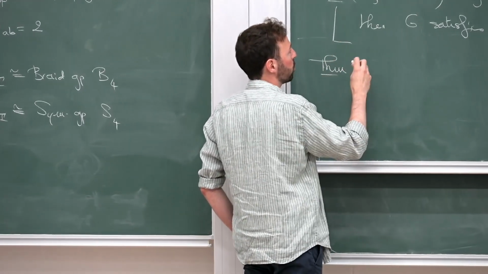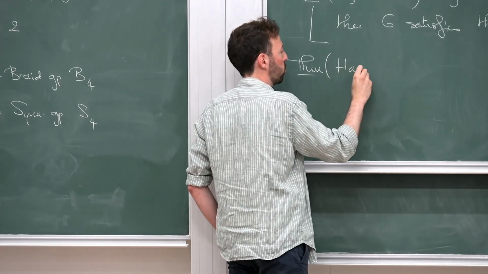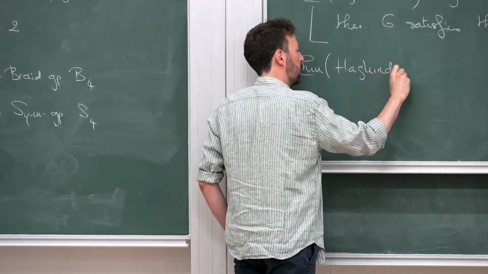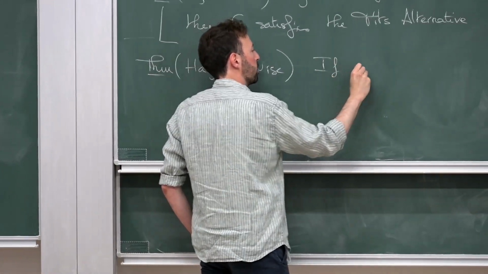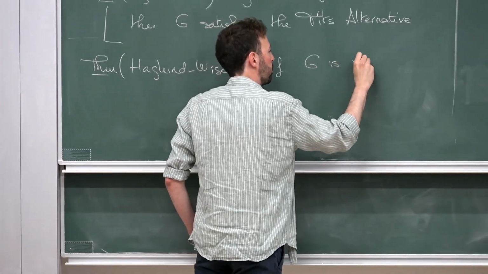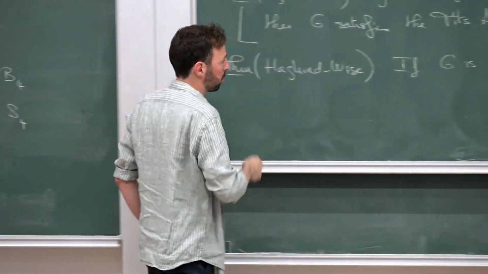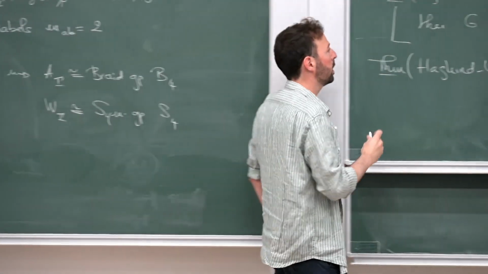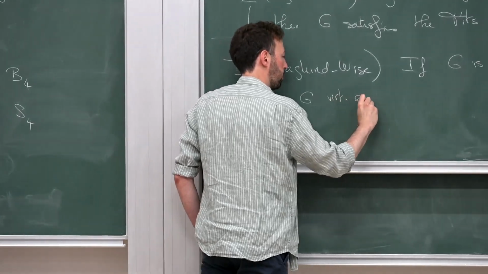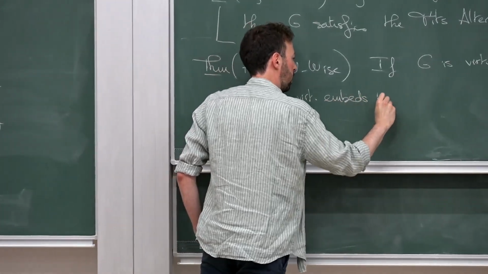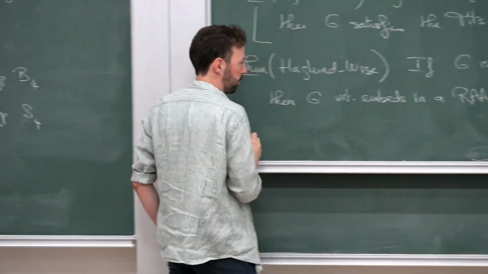Another type of very nice action on a CAT(0) cube complex is virtual specialness. It's a result of Haglund and Wise that if G is virtually special, which is a very specific type of action on a CAT(0) cube complex that I'm not going to define, then in particular G virtually embeds in a right-angled Artin group, which has a lot of applications.